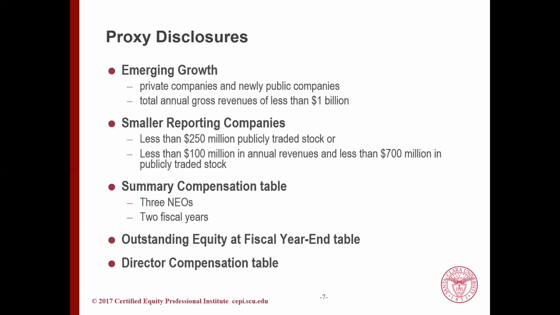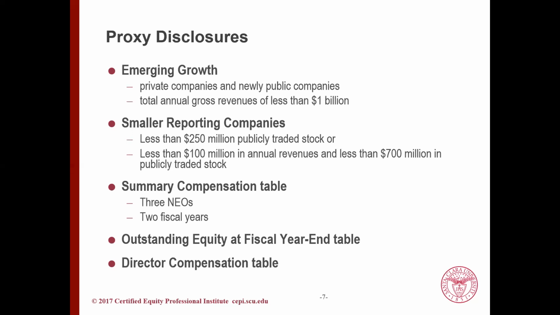They are required to have summary compensation tables, but those tables cover the compensation of only 3 named executive officers instead of the 5 required for other public companies, and disclose 2 fiscal years of compensation instead of the usual 3. The NEOs for these companies are the CEO and the next 2 highest compensated employees.